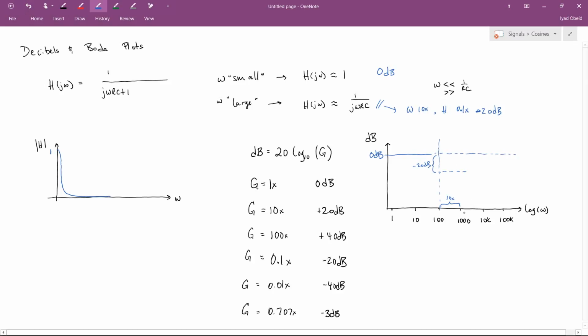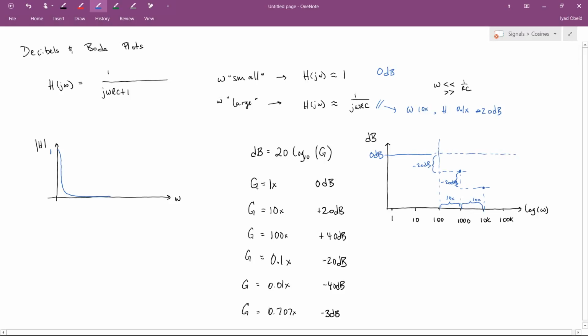And if my frequency goes up by a factor of 10 again, my gain goes down by 20 decibels.